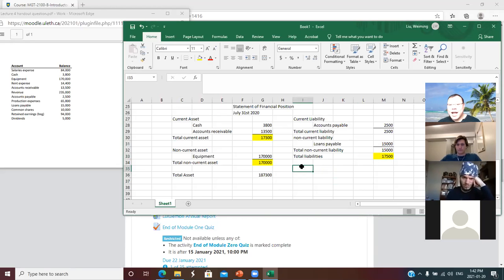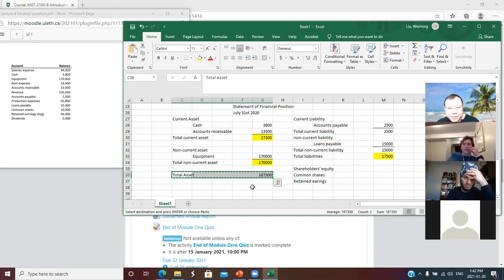And I have the last section, called shareholders equity. I have two components. Remember, I have common shares and retained earnings. Where do I find this information?